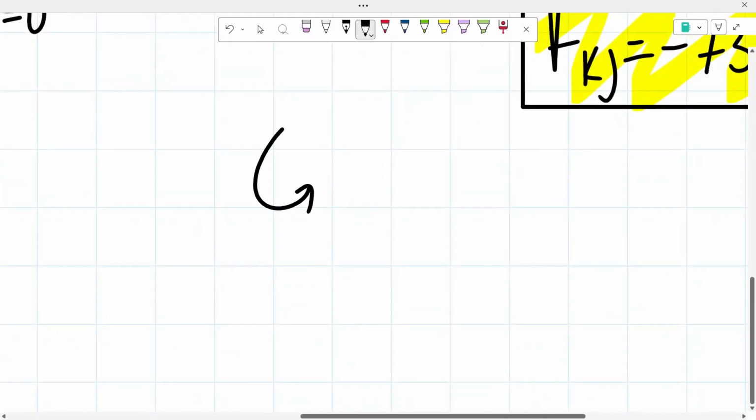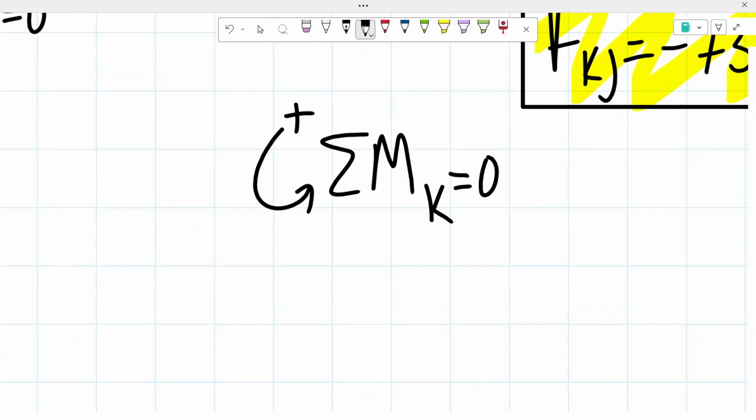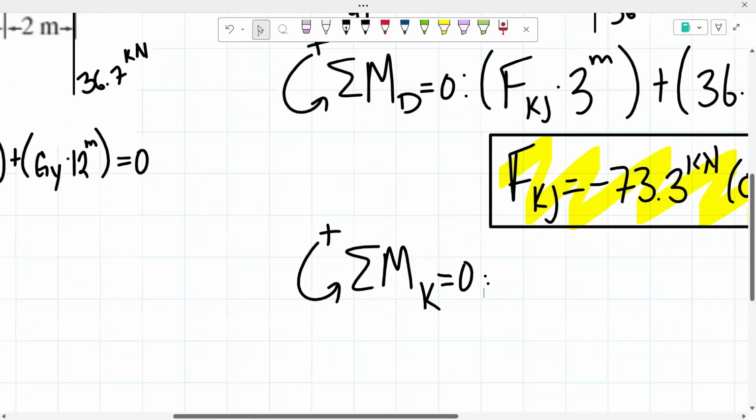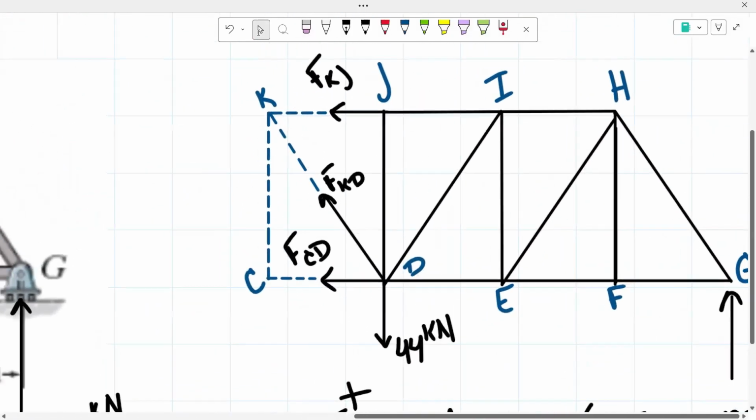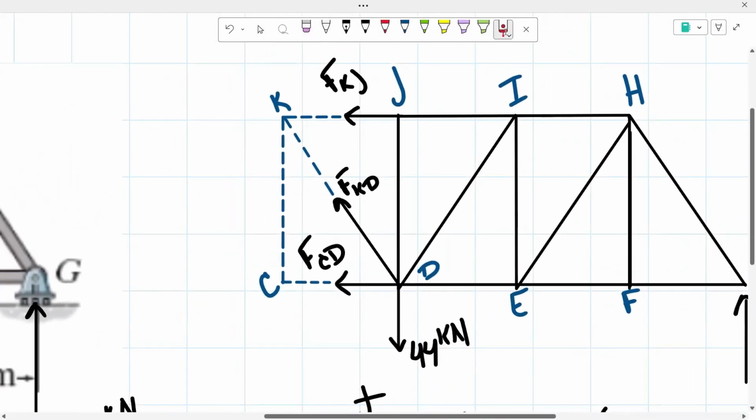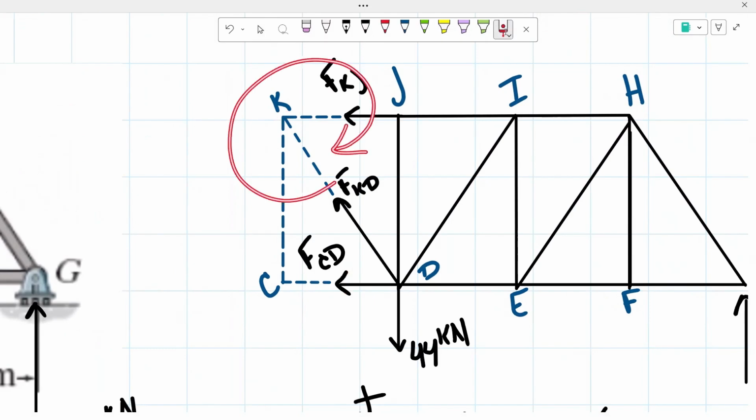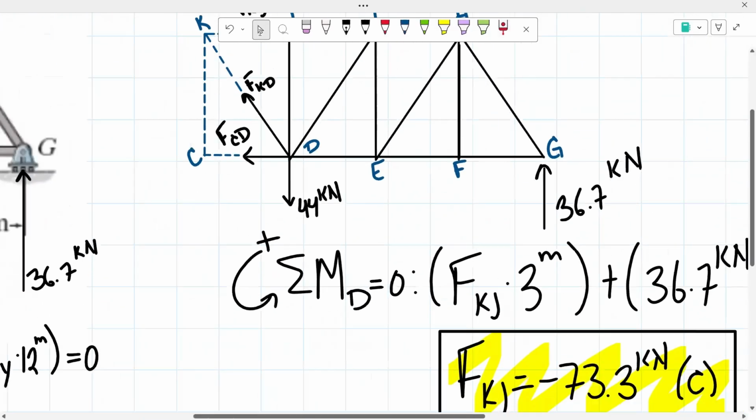So if we were to take the sum of the moments about point K, we have our force CD. Since I assume that it's going to be in tension, we have it going to the left. So about point K, it's going to be creating a clockwise moment, meaning a negative moment.